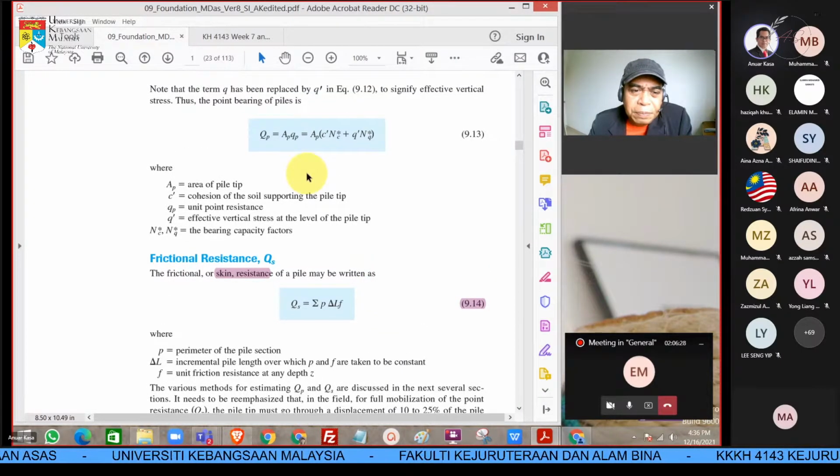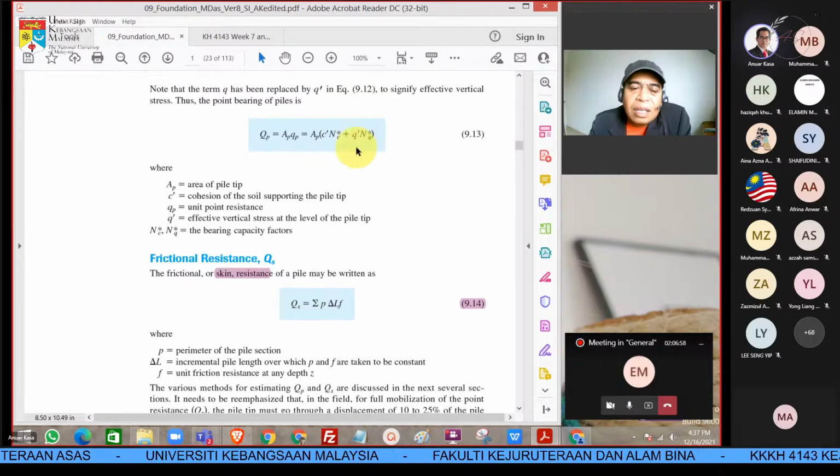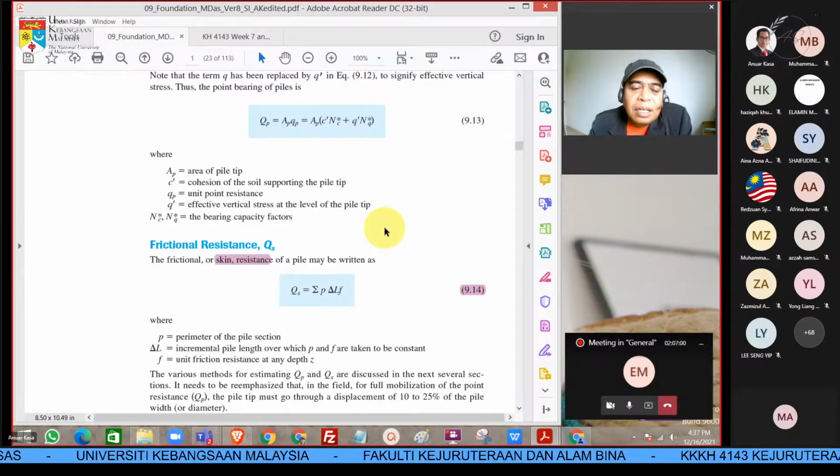We can say QP equals this equation, where the area at the tip of the pile times QP, the unit point resistance, equals this equation, which you know already, what NC, NQ are. Okay, those equations are for QP.